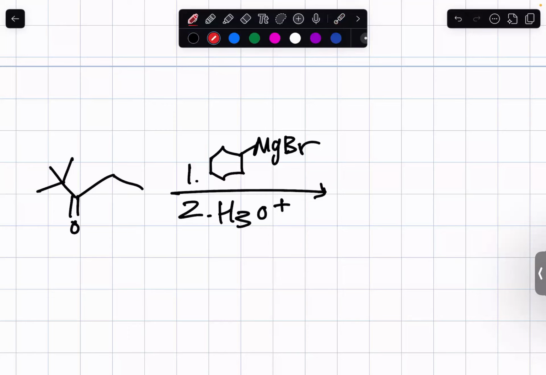Okay, so I found the nucleophile, the carbon that connects to MgBr, sorry. And then I identified the electrophile, which is the carbon on the carbonyl. Right. Then I made the nucleophile attack the electrophile, and then I pushed the electrons.